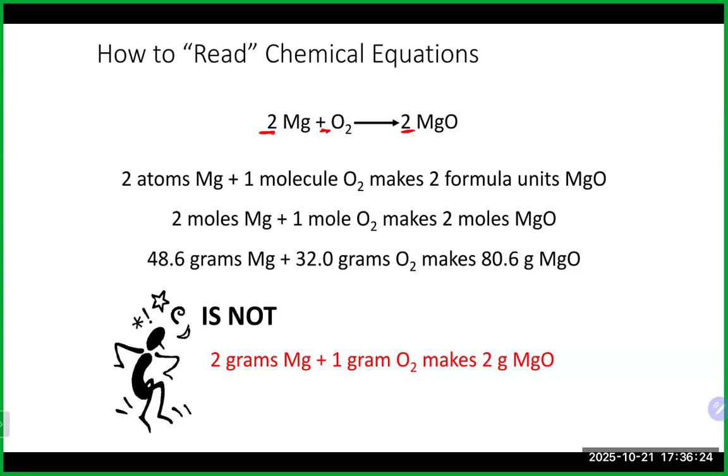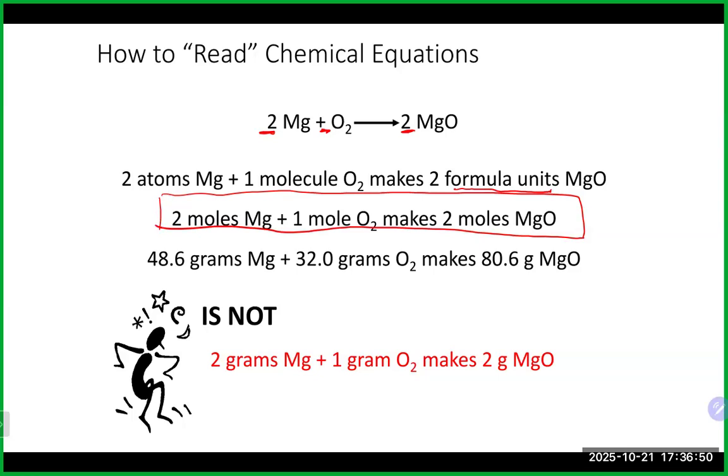We could say that two atoms of magnesium react with one molecule of O2 to give us two formula units of magnesium oxide. Remember, sometimes they will use formula units for ionic compounds. The mole-to-mole relationship here is really the one that we use in stoichiometry, and it's the one that we will focus on in our stoichiometry calculations.